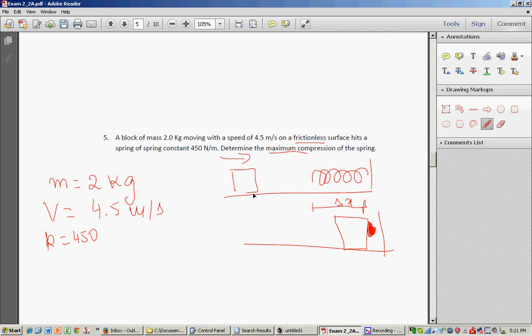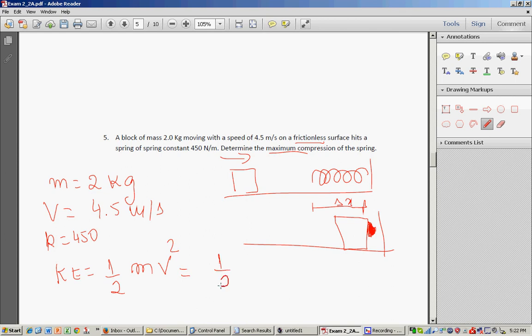So this is also a simple problem that implies direct application of your expression. I have converted kinetic energy exactly at the point the block is about to compress the spring.